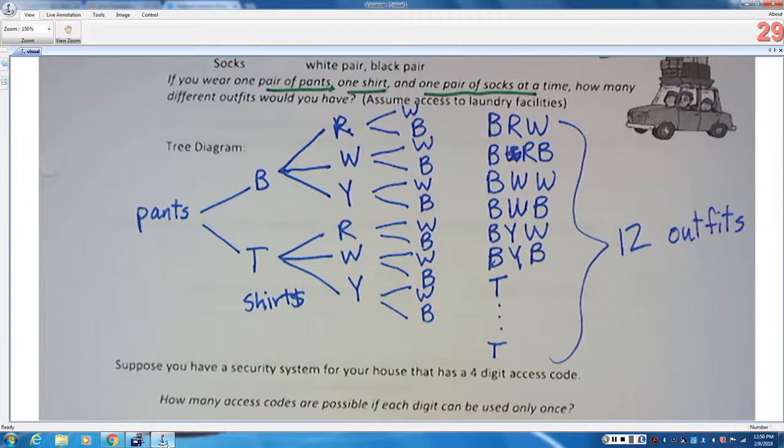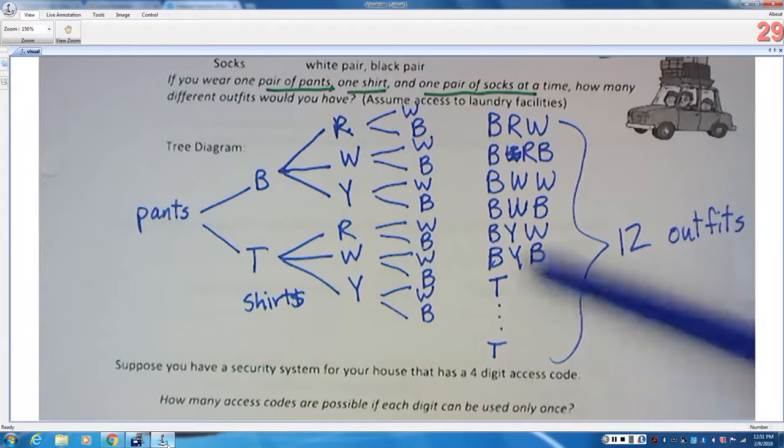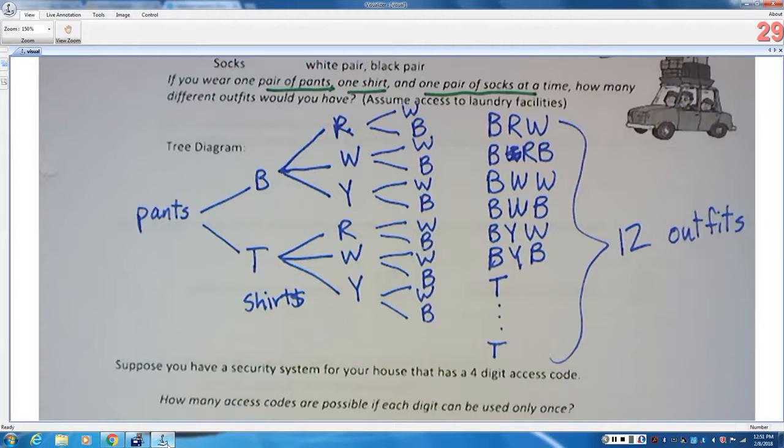So I would have kept going: TRW, TRB, TWW, TWB, TYB, TYW. I just got tired of writing them. Okay, so that's a tree diagram, and that's one way you can figure out probabilities.